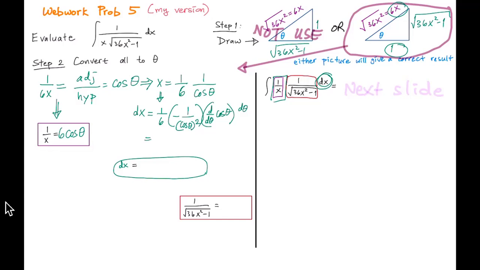And this is going to be negative 1 over 6, 1 over cosine theta squared times the derivative of cosine theta, which is negative sine theta. And the two negatives cancel out, so I have 1 over 6 sine theta over cosine theta squared d theta.